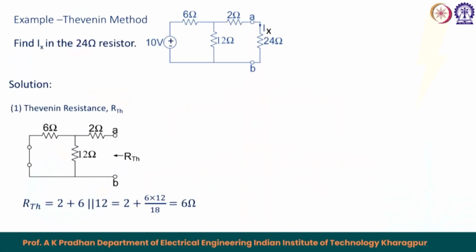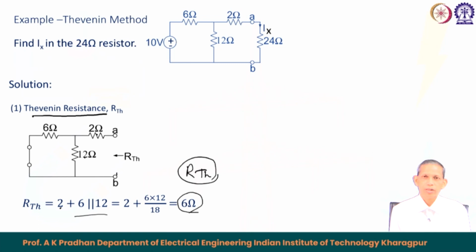Now we will see this Thevenin resistance RTH for this circuit, which comes out to be, from AB, 2, 12, 6. That gives you 2 plus 6 in parallel with 12, and that gives you 6 ohm resistance. So, this is the RTH we obtained as per the Thevenin's equivalent circuit seen from the terminals AB.